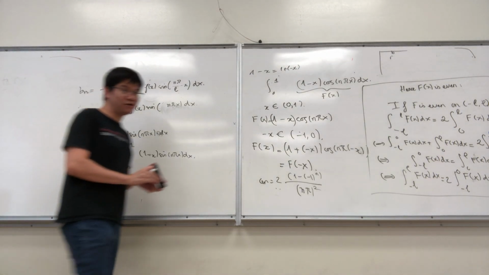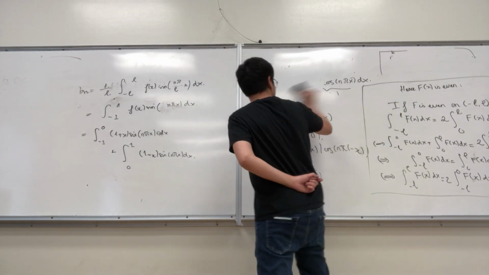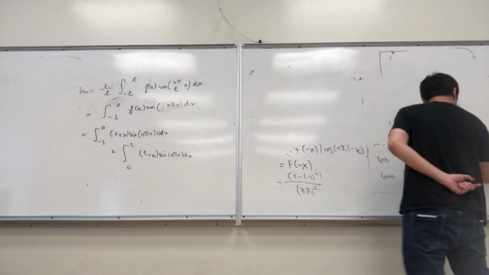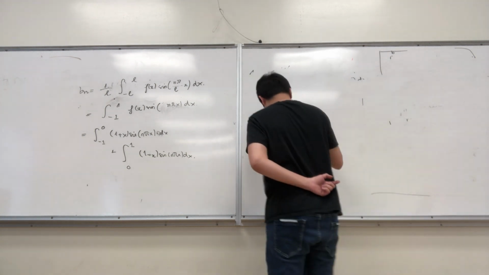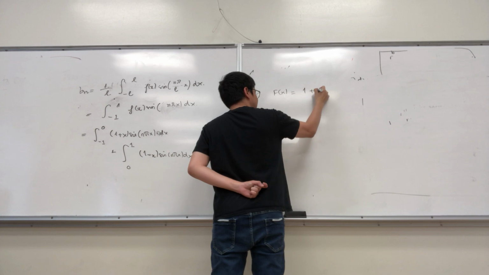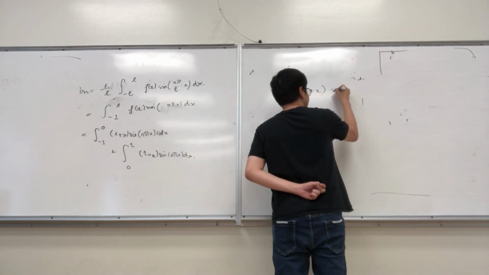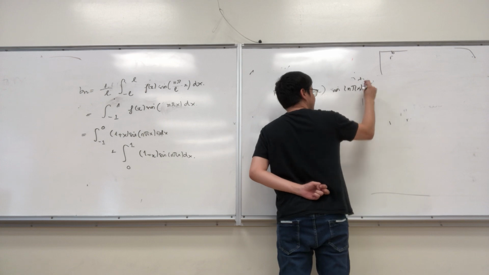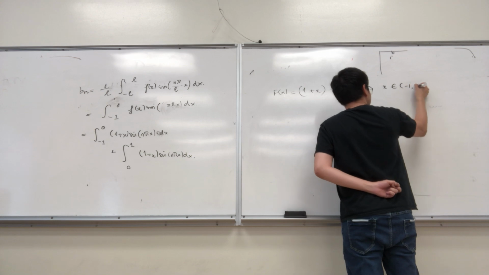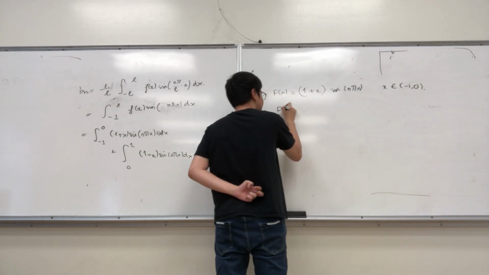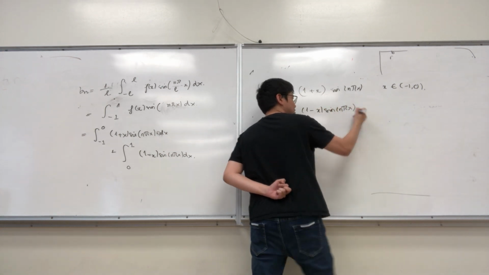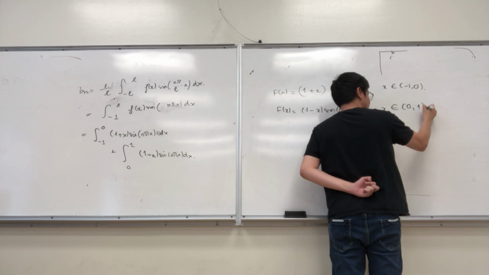Yes. So in this case, we're going to consider the following function. The function f(x) will be (1 + x) sin(nπx) when x is from -1 to 0, and the other one will be (1 - x) sin(nπx) when x is from 0 to 1.